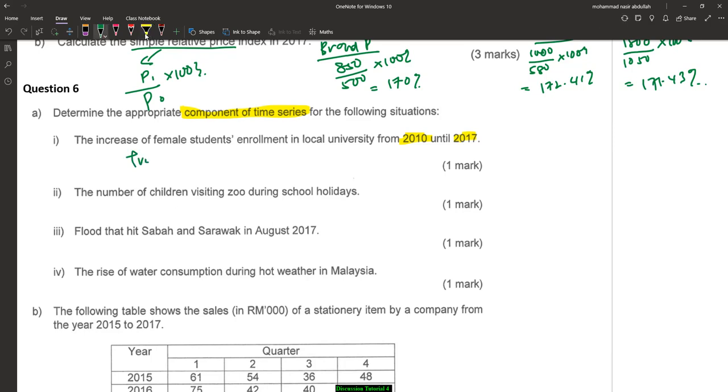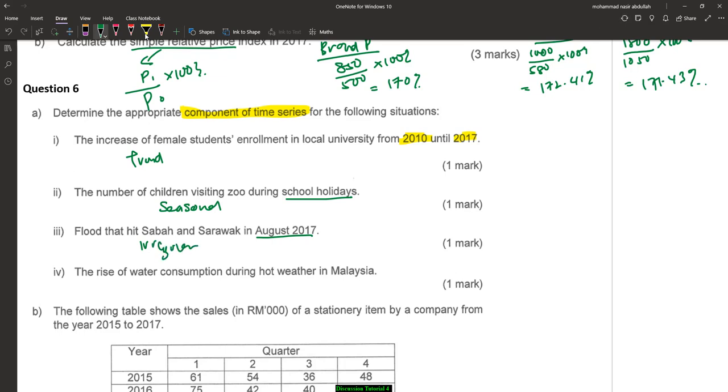The number of children visit zoo during school holidays. School holidays seasonal lah. Dalam setahun tu ada banyak school holidays. Sekarang ni tak boleh nak pergi zoo. Okay, flood that hit Sabah and Sarawak in August 2017. Irregular.